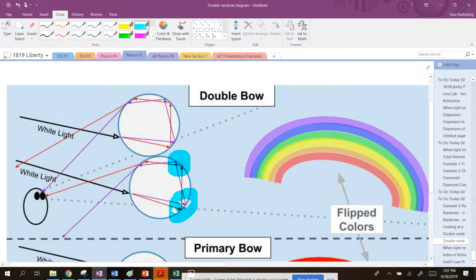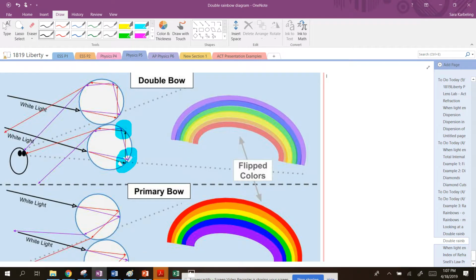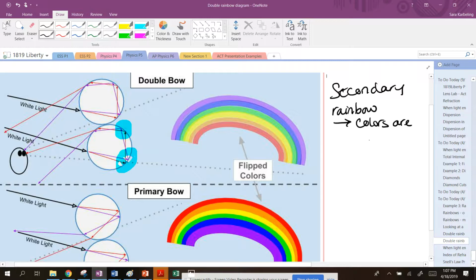Okay. So the things, if I were you, that I would write down about a secondary rainbow is that the colors are inverted. It is less bright.